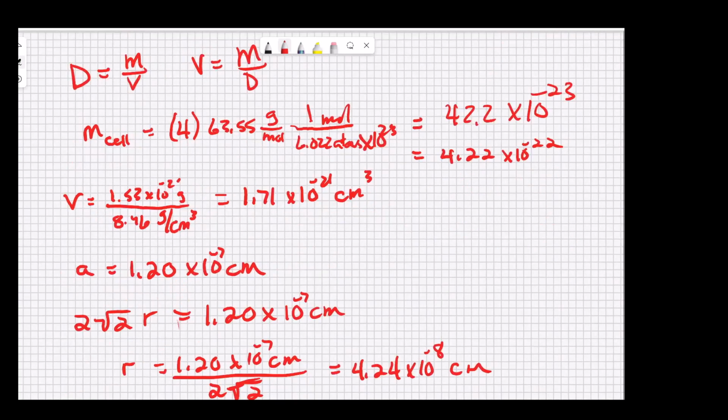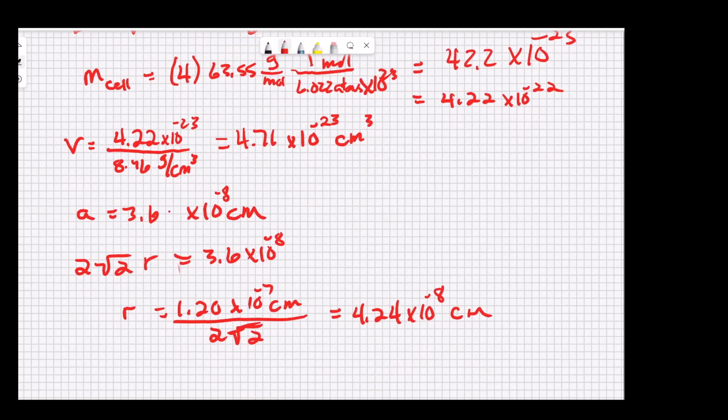All right, so now let's track this all the way back through and see what the actual answer is. That's going to replace our mass here, which is going to change our volume answer here. Take the cube root of that, and you'll get your length in centimeters.